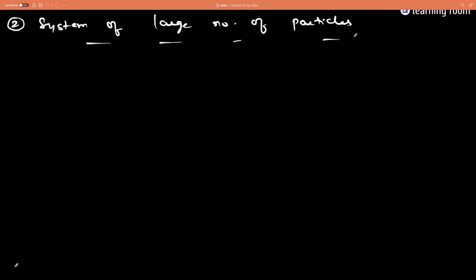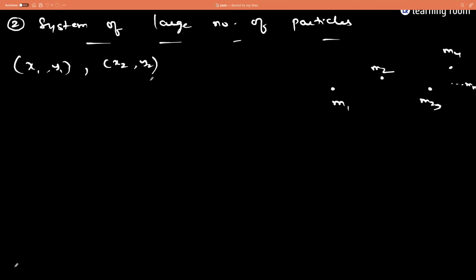Now, if I have a system of a large number of particles, with masses m1, m2, m3, m4, so on till mn, where the position of m1 is x1, y1, the position of m2 is x2, y2, and the position of m3 is x3, y3.